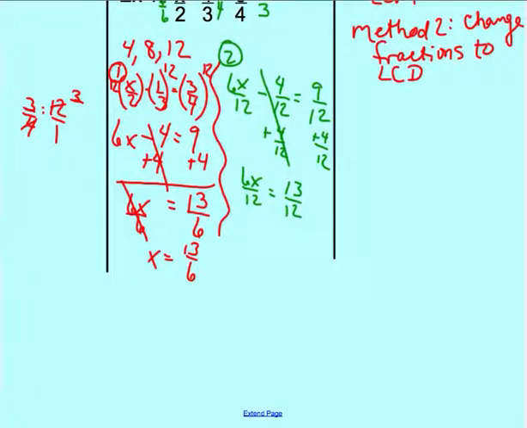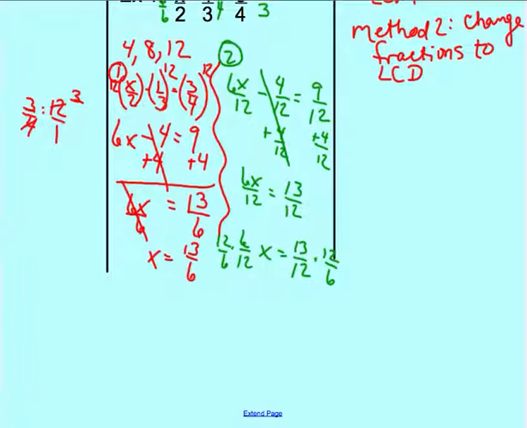And essentially, if we look at this a little bit differently, we can think of it as 6/12 times x. How do we cancel multiplication? By division. But when I've got fractions, the rule is to multiply by the reciprocal. So I'm going to multiply both sides by the reciprocal. Now remember, why am I multiplying by the reciprocal on the left-hand side?